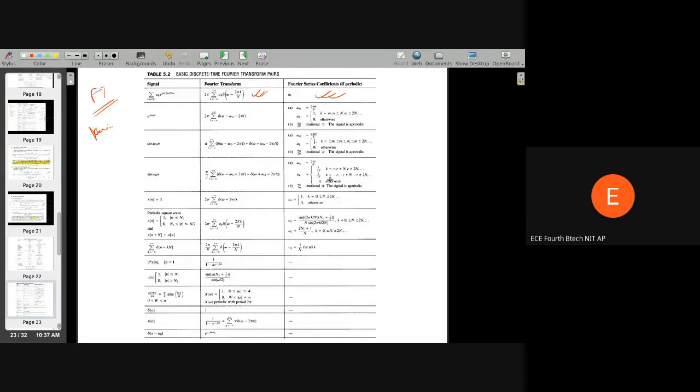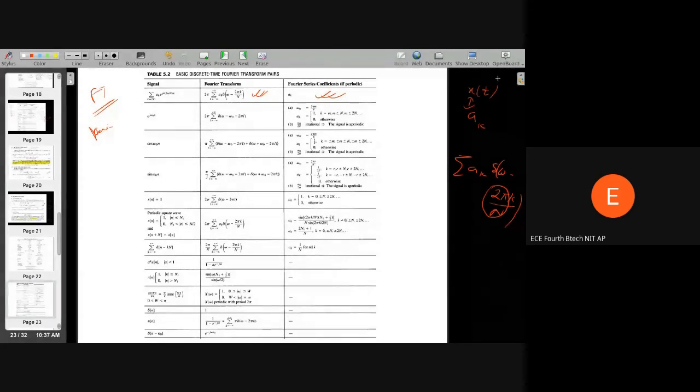If you get your Fourier series coefficients ak from the periodic signal, then you represent it as ak times the delta impulse function of omega minus 2 pi k by N. 2 pi by N is basically your period of the signal.